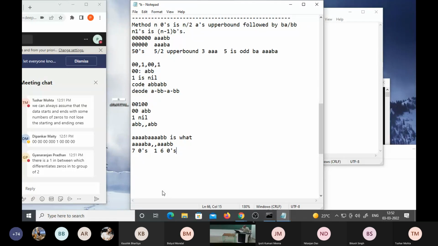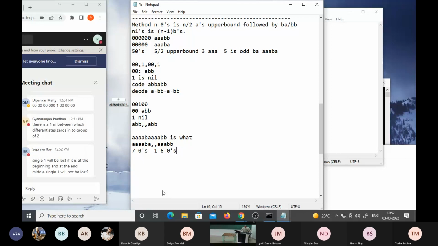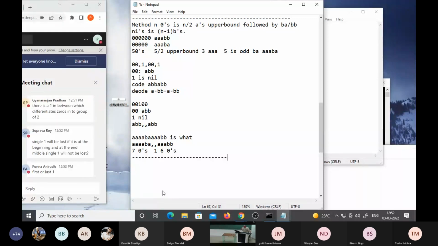Tell me where this scheme can fail. When can it fail? Yes. Suppose in the beginning or last there is no one.